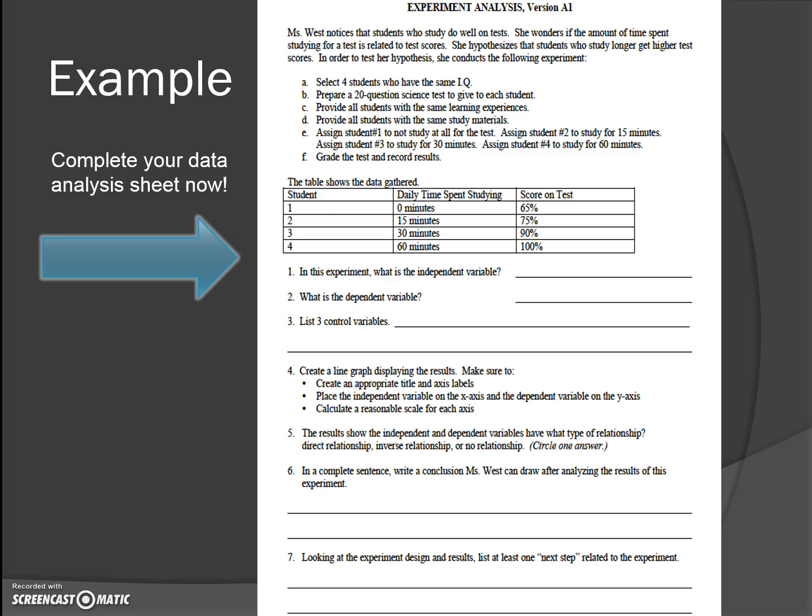She hypothesizes that students who study longer get higher test scores. In order to test her hypothesis, she conducts the following experiment. So look at all of those, what she did, and you need to identify all those questions below. So make sure that you fill out that sheet completely. So you can go ahead and do that now. You can pause this video if you would like.